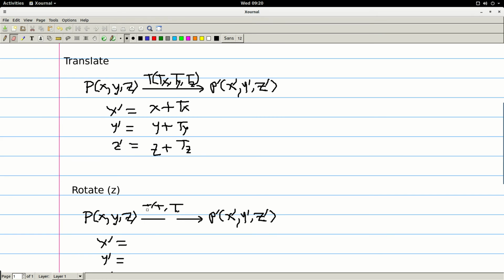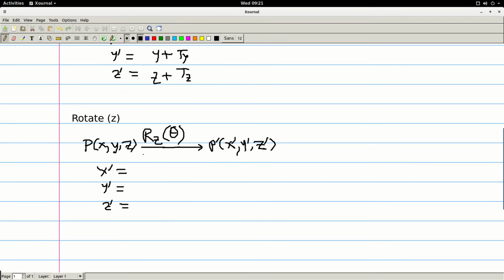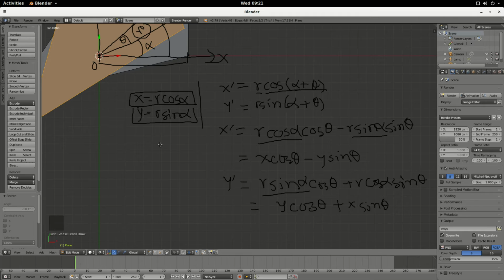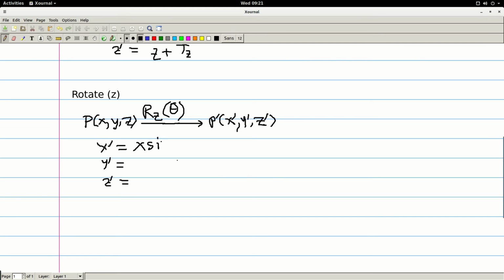Over here we are applying the rotation, so this is going to be a rotation about the z-axis by an angle of theta. So we write x prime equal to x cos theta rather.